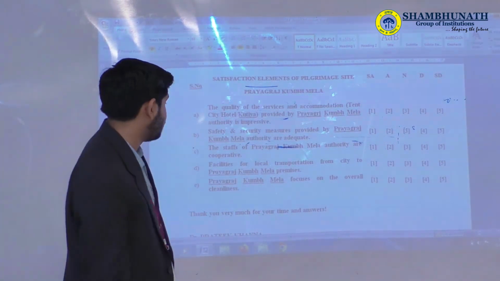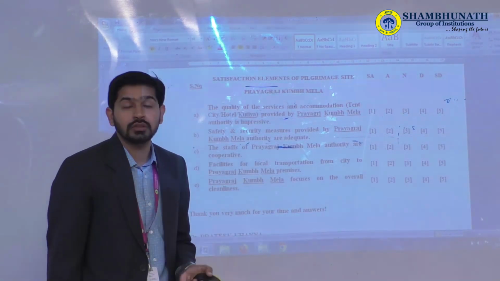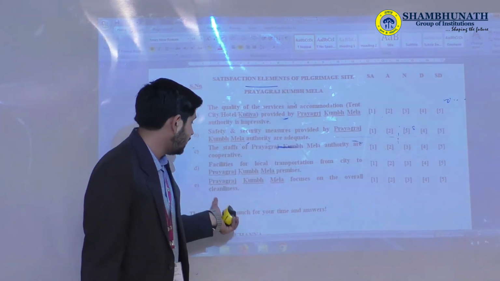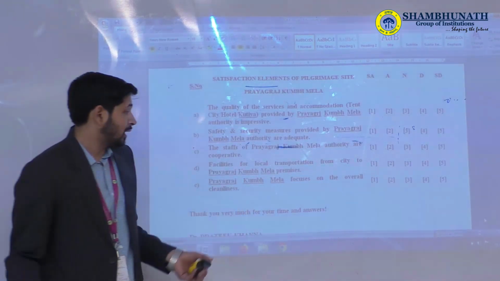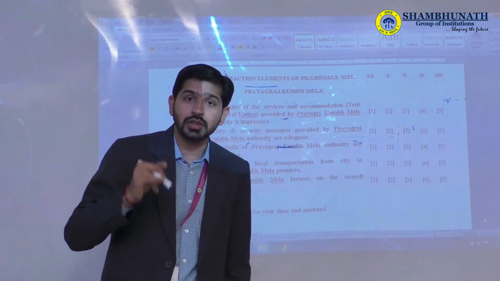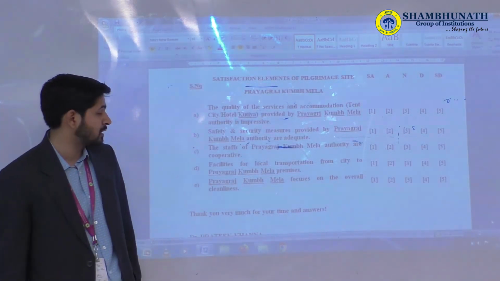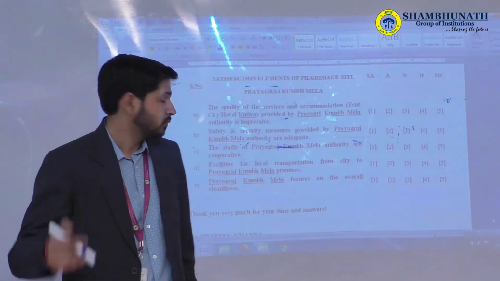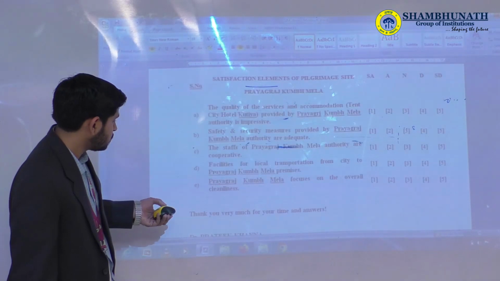Prayagraj Mela focus on overall cleanliness, because in 2019, when this Prayagraj Kumbh Mela happened, cleanliness was a major issue. So we can raise a question of satisfaction element of pilgrimage site: Prayagraj Kumbh Mela focus on overall cleanliness. These are the different questions.